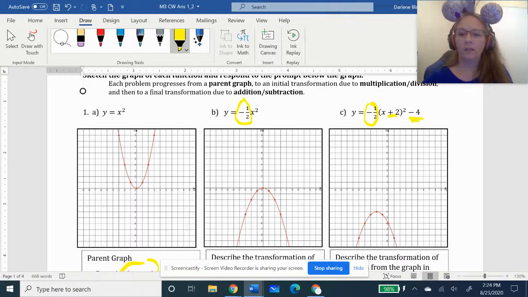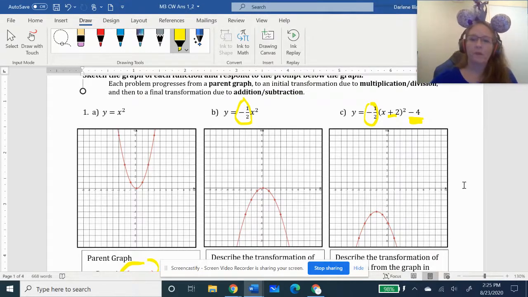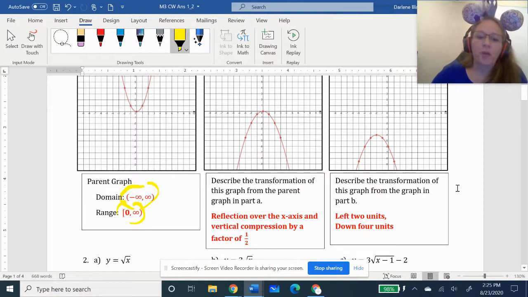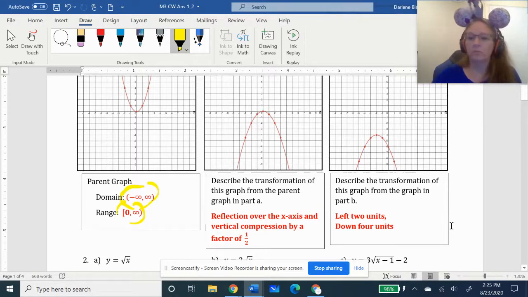When the arithmetic is outside of the function, do exactly what it says. Minus 4, subtract 4, and that affects it vertically, bringing it down 4 units. And you are also being asked to describe the transformation with words. So those are a couple of ways you can do it.